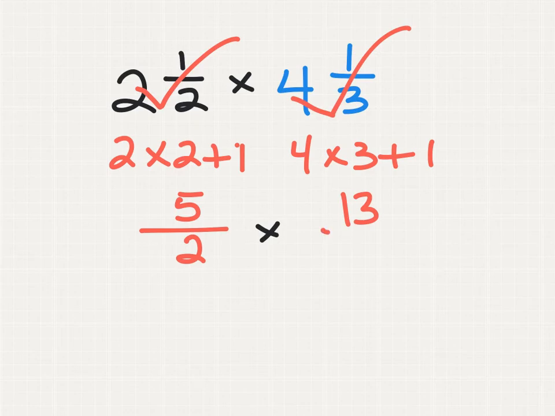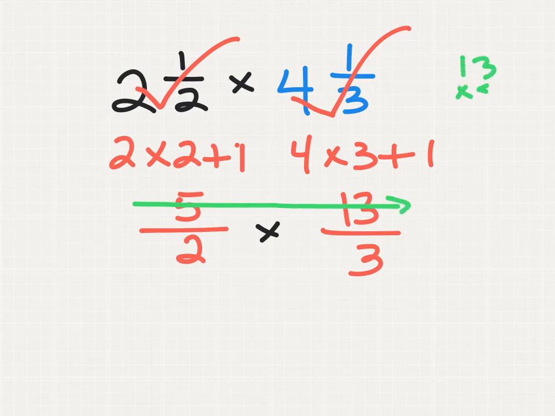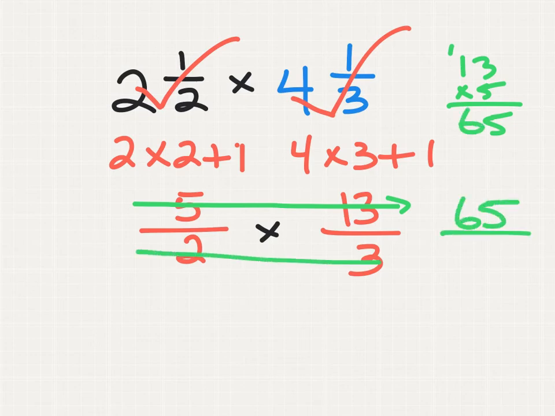And I put that over the original denominator of 3. I now have two fractions. And so I can simply multiply straight across the numerators. 13 times 5 is 65. And the denominator, 2 times 3 is 6.